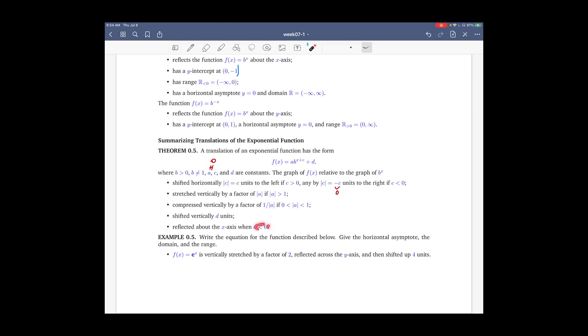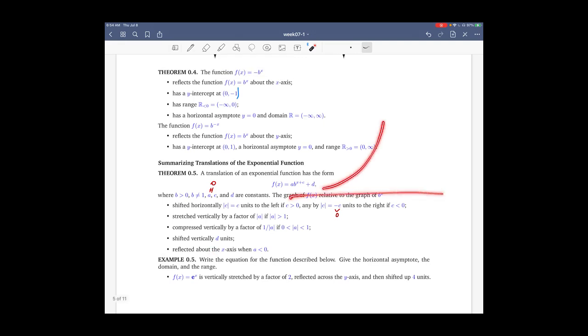Additionally, if a is negative, we need to perform a reflection about the x-axis. So flip about the x-axis. And then lastly, we need to shift vertically by d units. If d is positive, we're shifting upward. If d is negative, we're shifting downward.